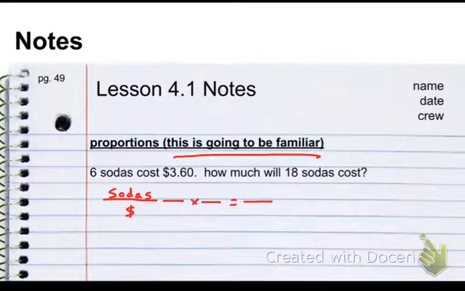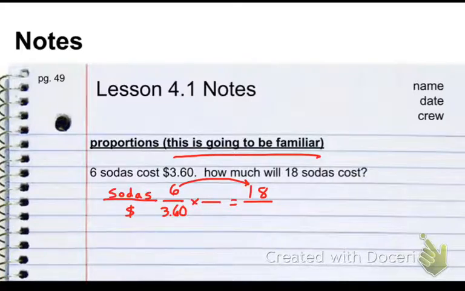I know that, according to this, 6 sodas cost $3.60. I want to know how much 18 will cost. And I just ask myself, what times 6 gives me 18? And sometimes this will be a decimal, sometimes it will be a whole number.